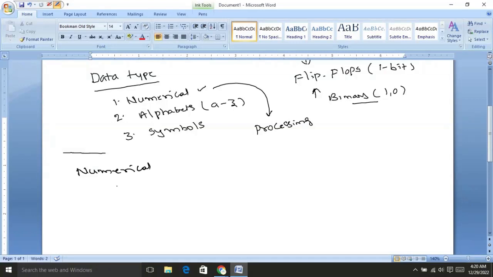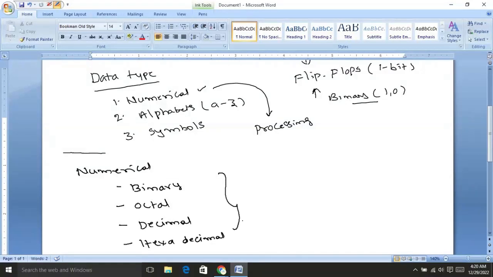The first one is the binary number system. The second one is the octal. The third one is the decimal. The fourth one is the hexadecimal. We represent the numerical data in any one of the systems.